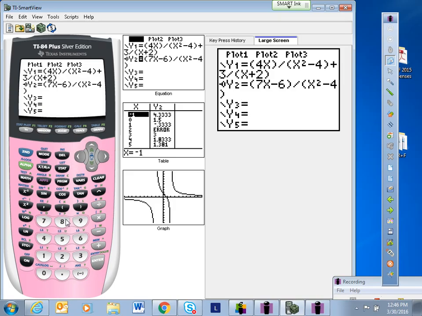So, where are they? 6 over x minus 3. Wait, how do you turn this? You go to the equal sign and you unhighlight it. Oh, I see. How come it's not turning it on?